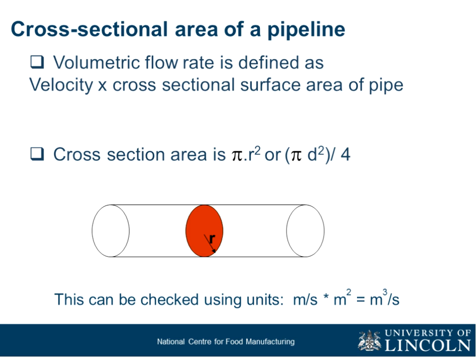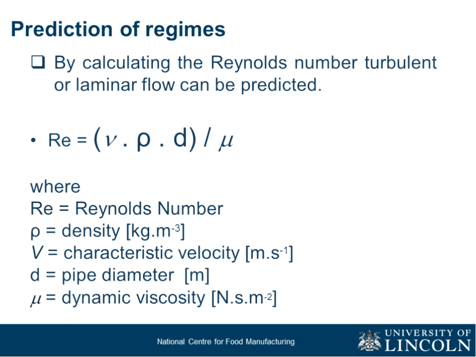Good. So the most important thing I want you to really remember here is that your volumetric flow rate is defined as velocity multiplied by cross-sectional area. The reason is, if you want to calculate your Reynolds number, you need to use velocity, not volumetric flow rate. Then density is also important, the diameter of the pipe is also important, and the dynamic viscosity is also very important.